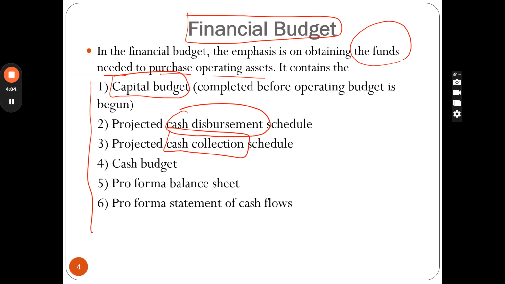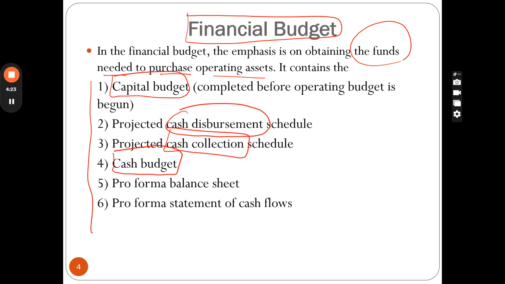So how much are you going to pay out this year, how much are you going to collect during the period, and how much cash will you have? Is the cash going to be in a surplus situation, or are you going to have a deficit?